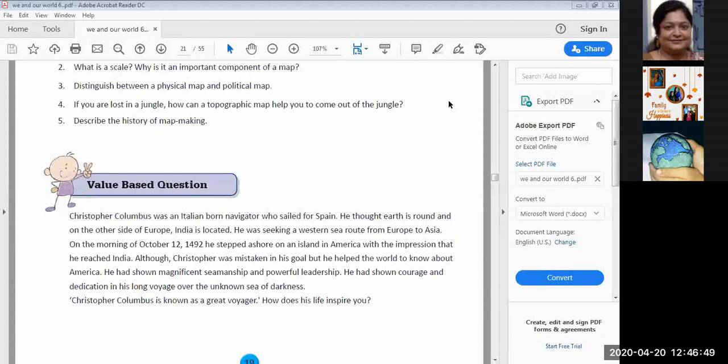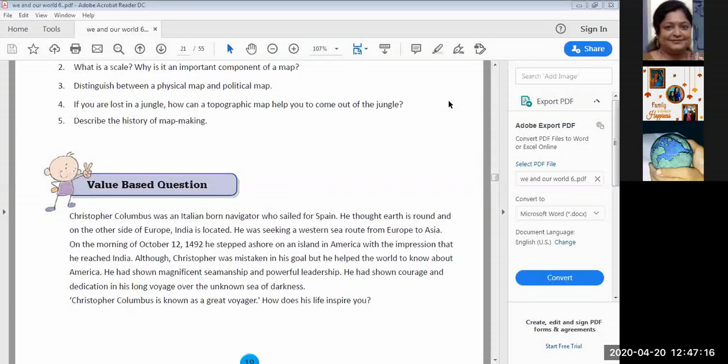Who gave the exact location of America to the whole world? It was none other than Christopher Columbus. He had shown his magnificent seamanship. Here, magnificent means extraordinary. Seamanship means through the sea. From Europe, he started moving to Asia, and very powerful leadership using the compass.